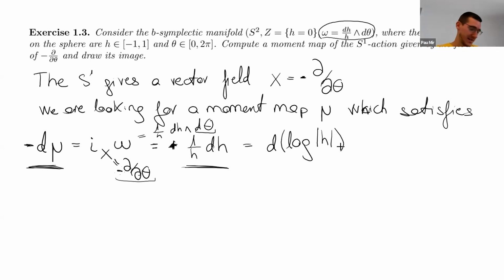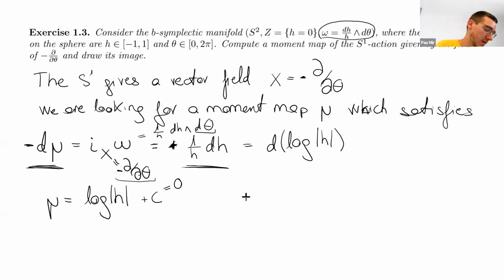This is equivalent, and at this point we can equate the left side and the right hand side of the equation, to obtain that mu could be any function of this form, logarithm of absolute value of h plus a constant, but we take this constant to be 0 in order that it works.